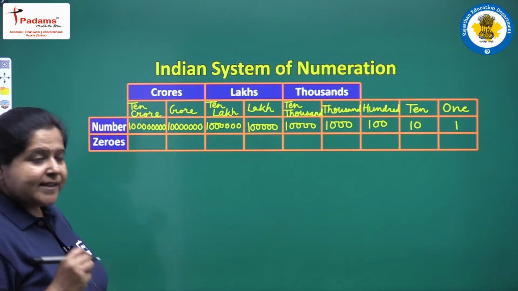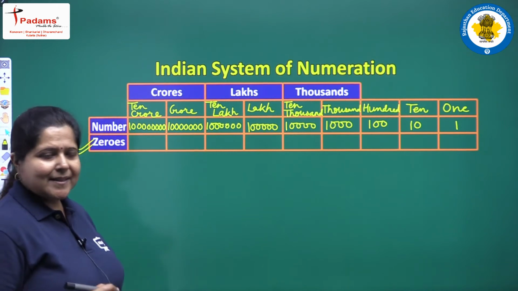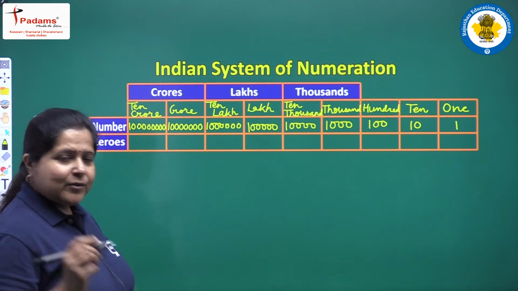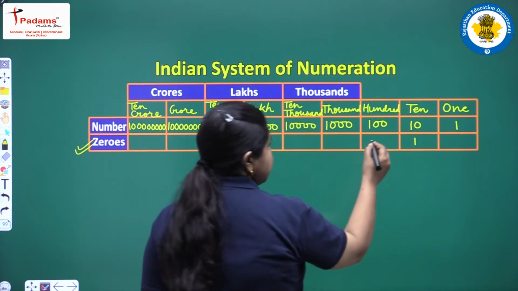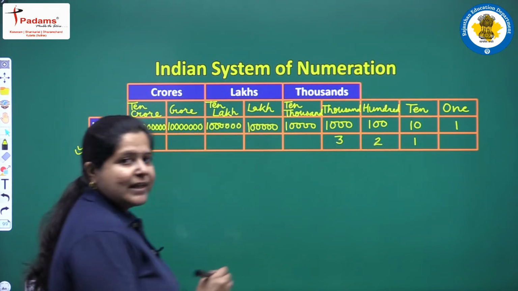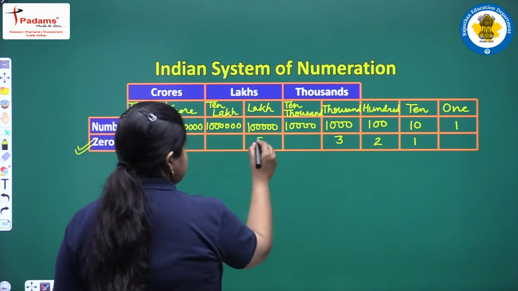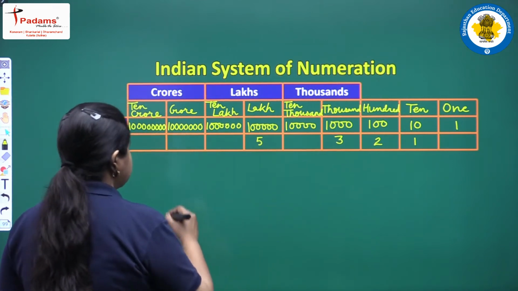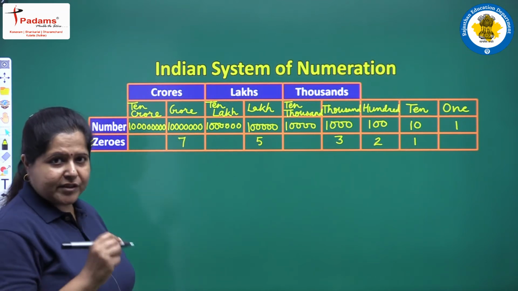Let us now focus on the number of zeros in these numbers. First of all, we all know that 10 has one zero, 100 has 2 zeros and 1000 has 3 zeros. Then remember that a lakh has 5 zeros and a crore has 7 zeros. These are the important ones.